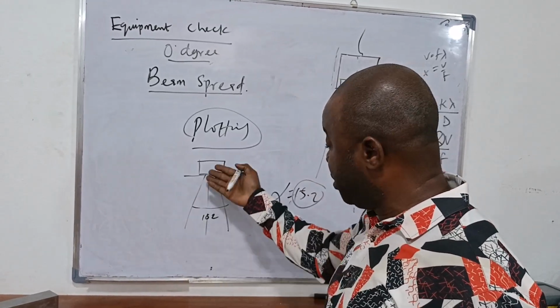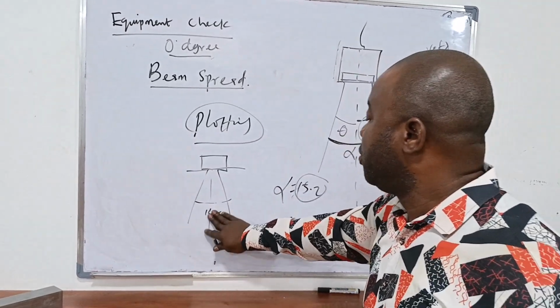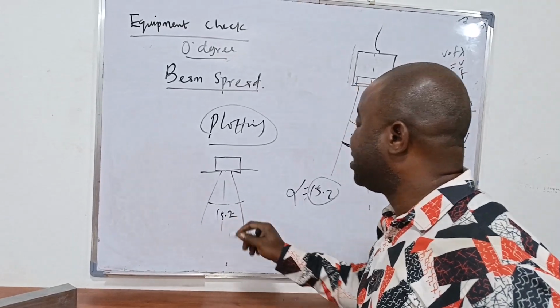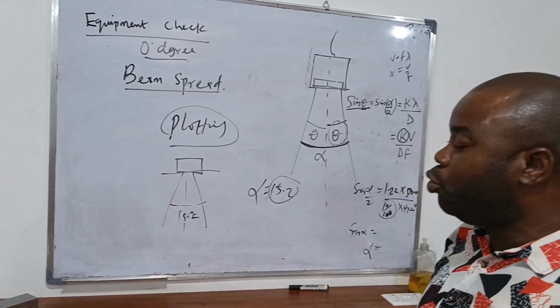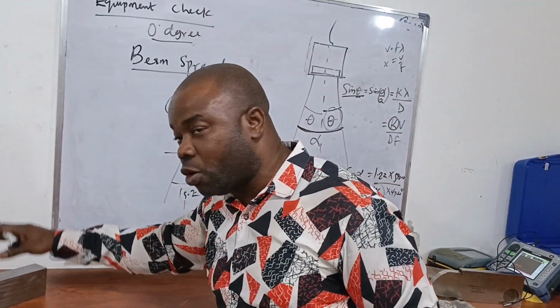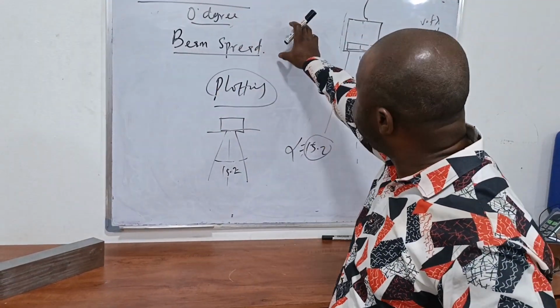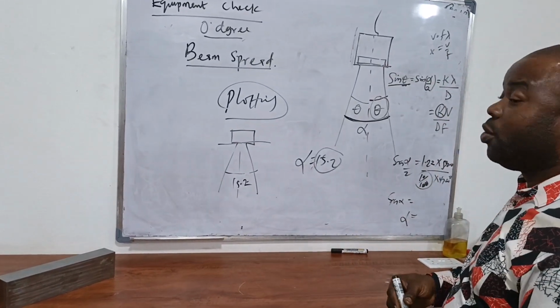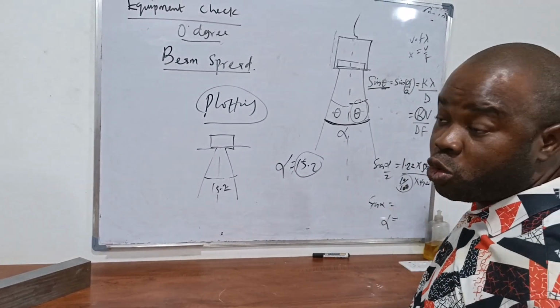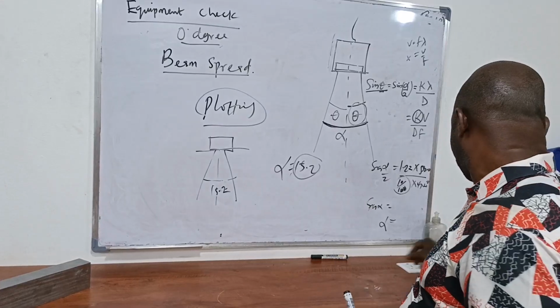Though it is a small angle, this is not drawn to scale. We will now have 15.2 as the spread. But we can verify that by doing what we call beam spread plotting, and we'll see how a particular probe spreads with respect to the machine or the equipment that you are using.